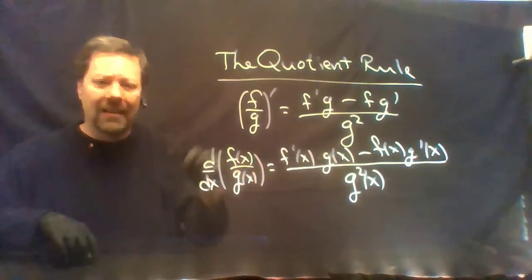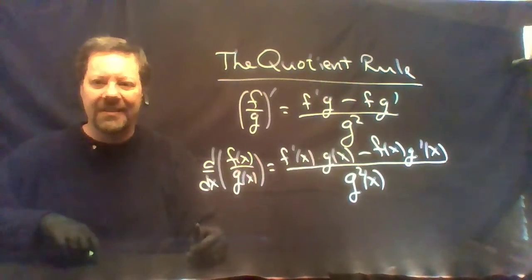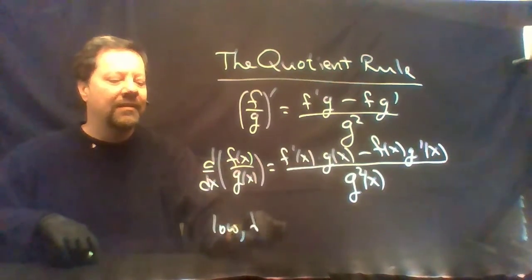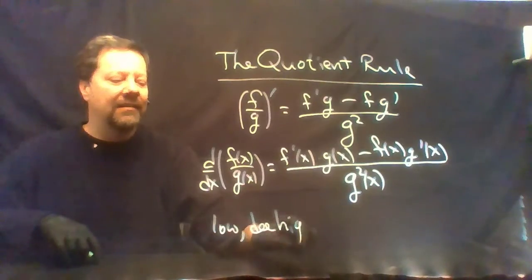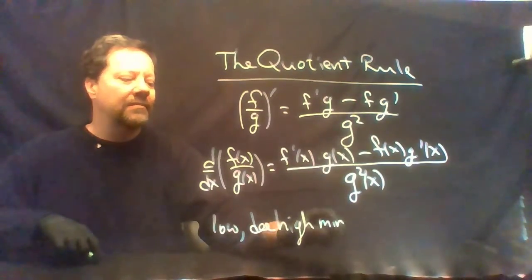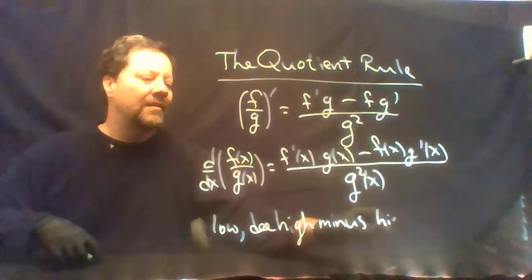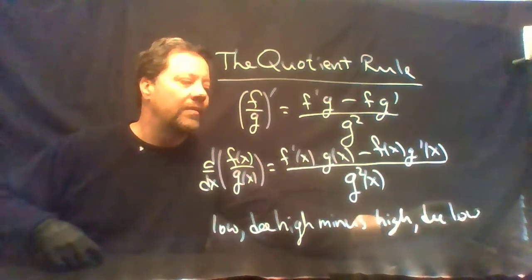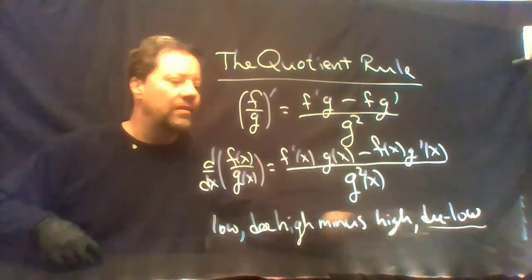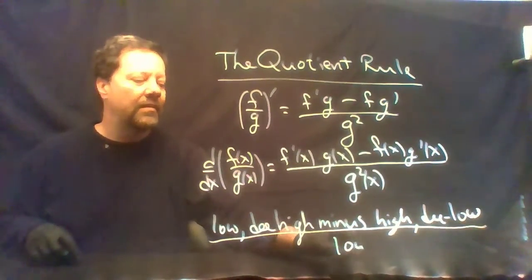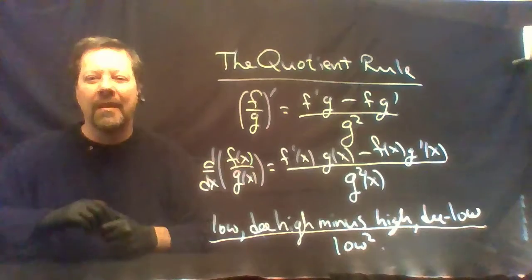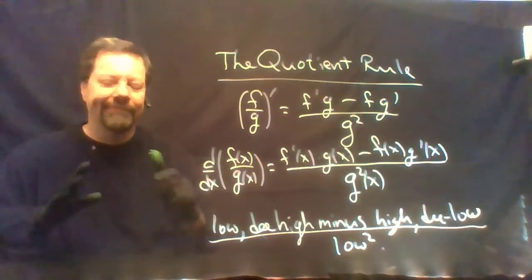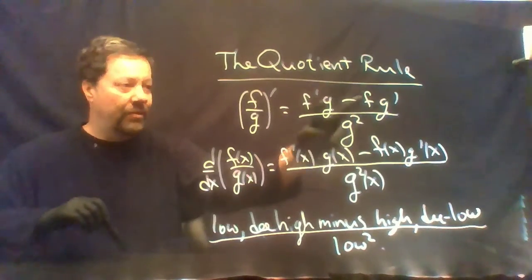Some people use a little sing-song phrase to try to remember this. They say low d high minus high d low over low squared. I don't really like that because students are always getting it backwards, screwing up the quotient rule.